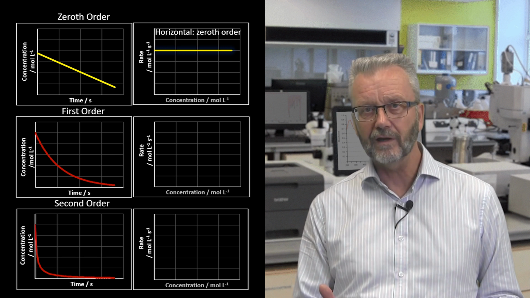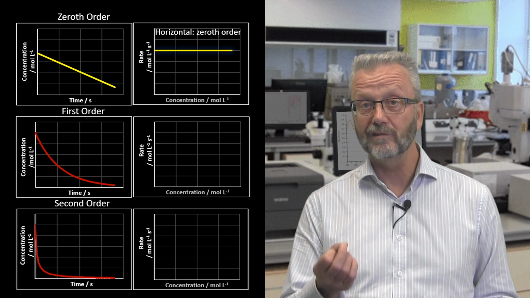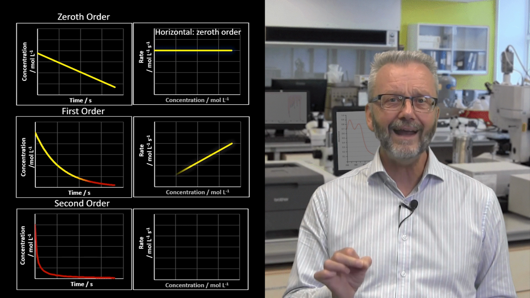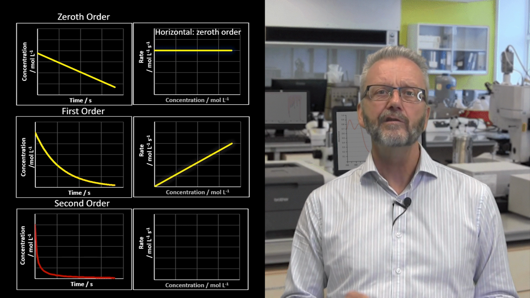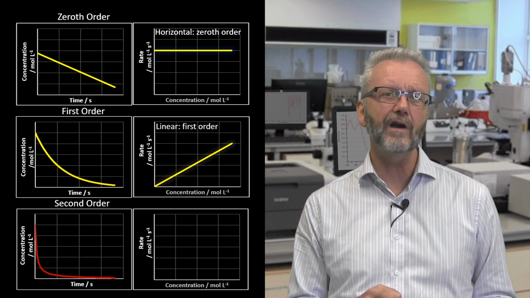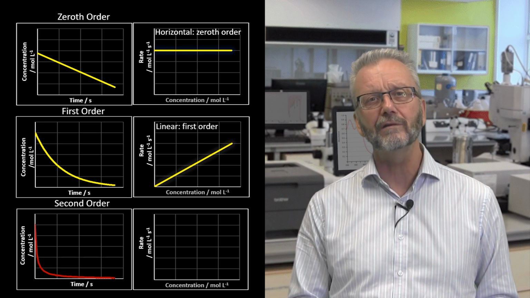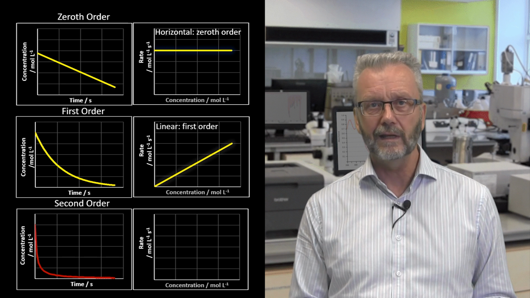For the 1st order case, as the concentration decreases, so does the rate. The two are directly related to one another. So as we move along the concentration axis, the rate decreases in direct proportion, and we end up with a linear graph.